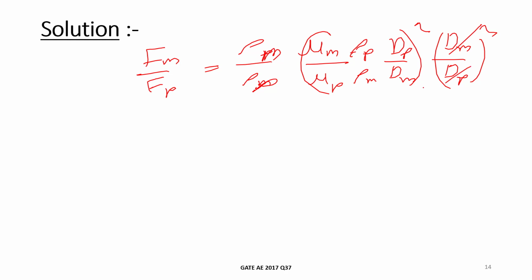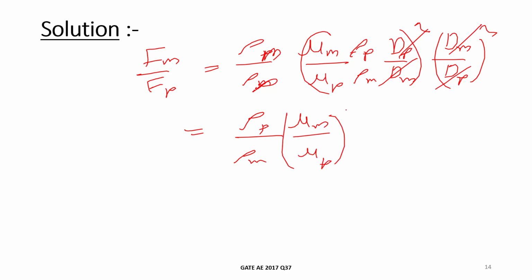This dm square and dp square will cancel and we will get rho p upon rho m into mu m upon mu p square.